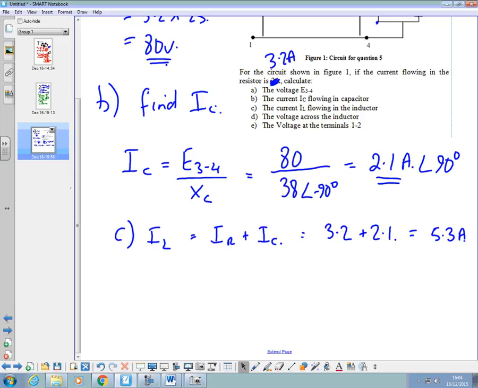How can I very quickly add that 90 degree angle on the capacitor current to that? In a flash, how can I add 90 degrees to this?